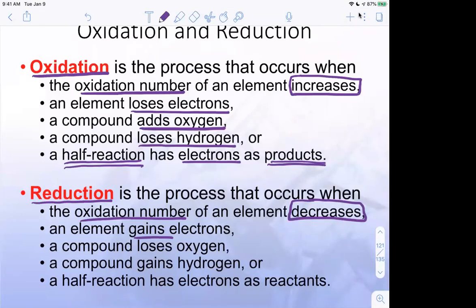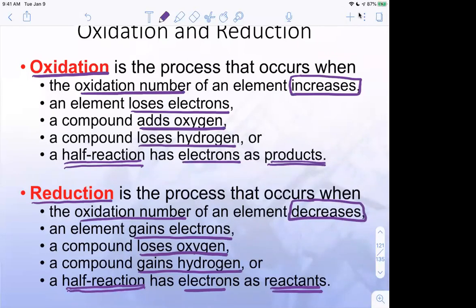The other way to know this is gain electrons. The compound will lose oxygen in reduction. The compound can gain hydrogen in reduction, or the half reaction, which is that second half of this reaction after I take away the oxidation part, has electrons as reactants.